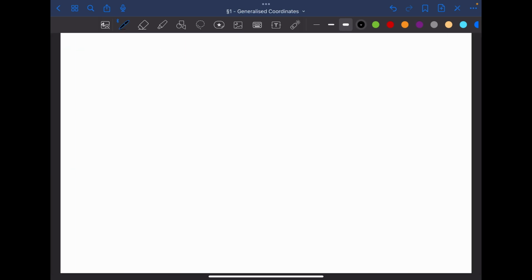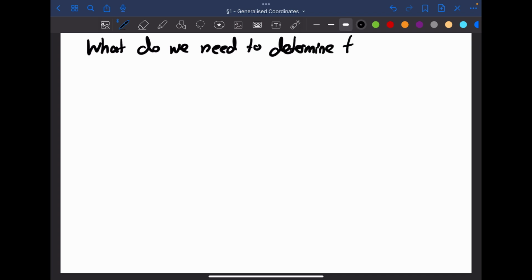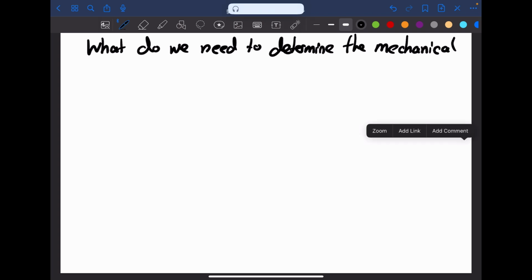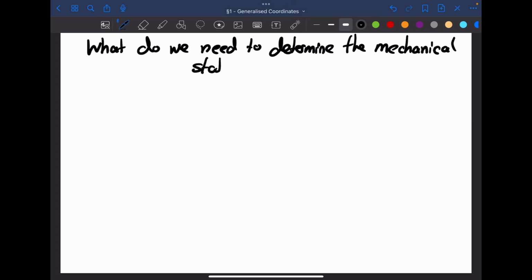Okay, now the last thing we want to discuss in this section is the question of what do we need to determine the mechanical state of a system. So what do we mean by that?